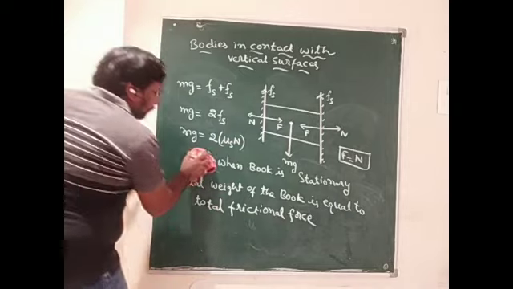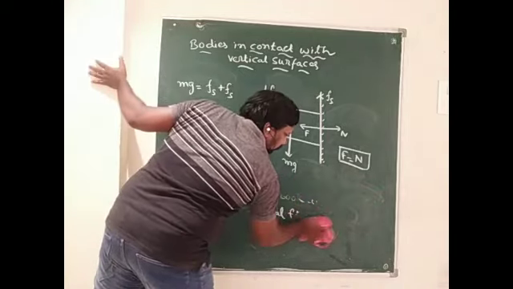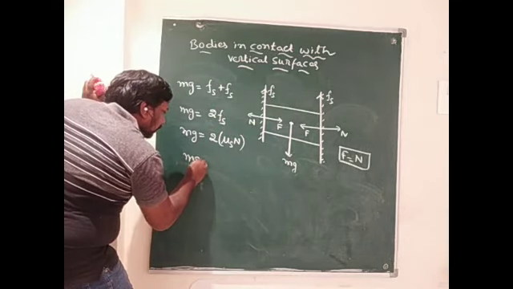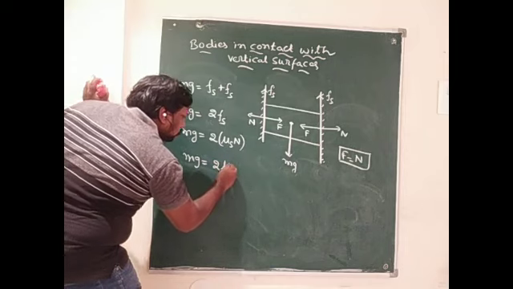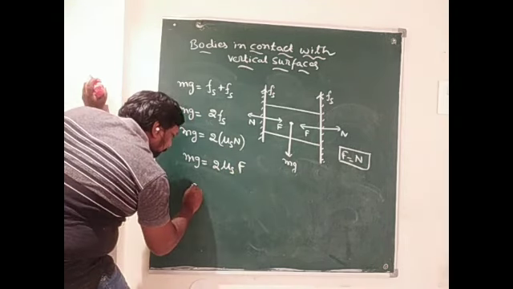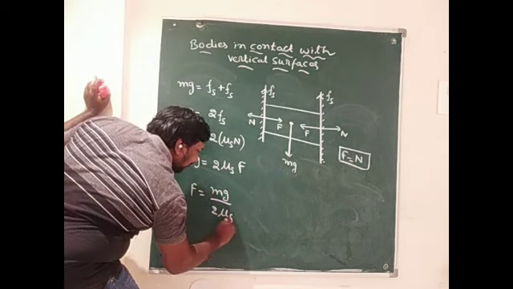So now mg equal to 2 into mu s into N, here N equal to F. So therefore F equal to mg by 2 mu s.